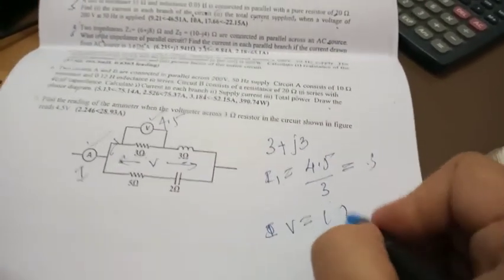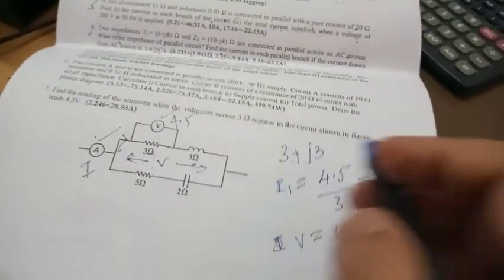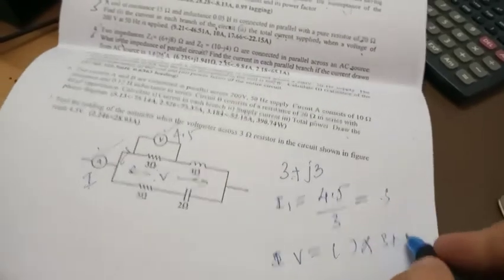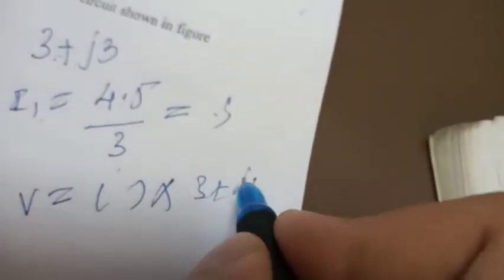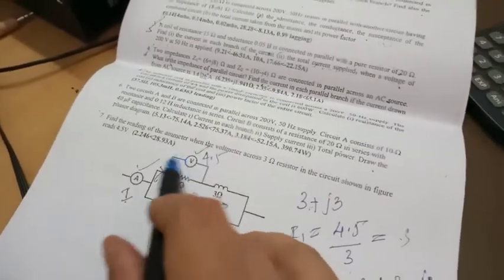Substitute that here, and the Z value is 3 plus J3. Then you will get the value of the voltage. V is equal to I1 into Z for the upper circuit.